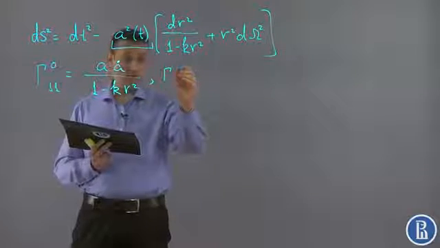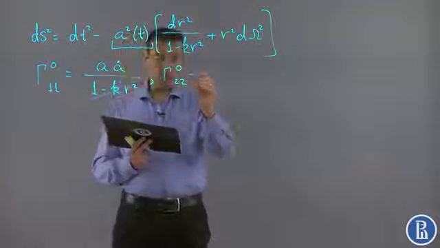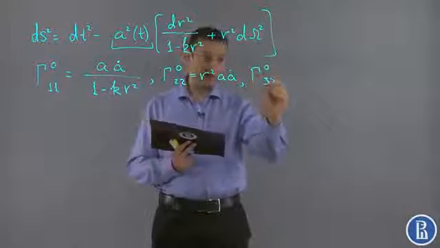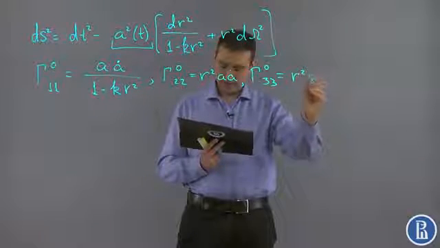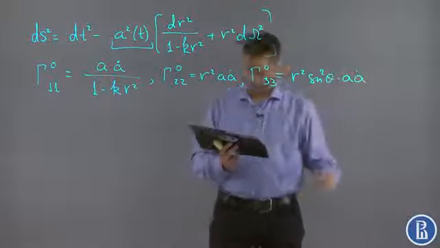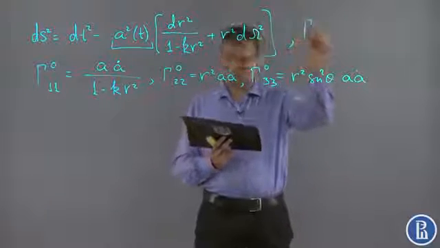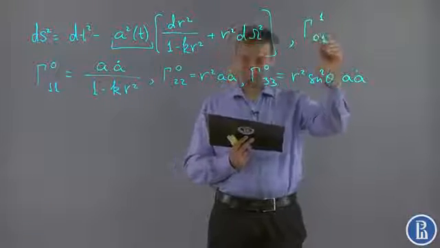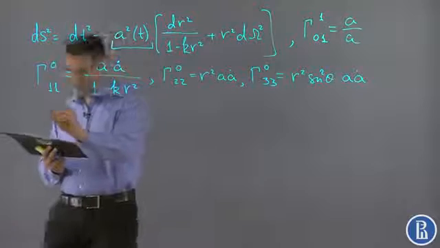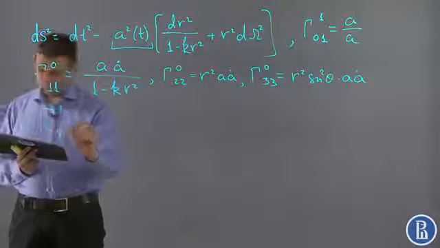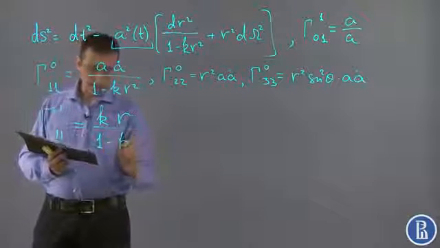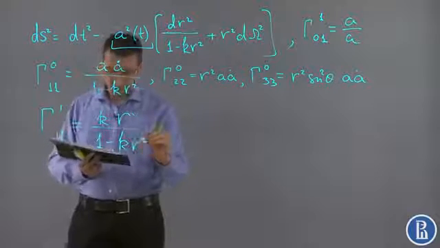Gamma 0 2 2 is equal to r squared times a dot, and gamma 0 3 3 is equal to r squared sine squared theta times a dot, and gamma 1 0 1 is equal to a dot over a, and gamma 1 1 1 is equal to k times r over 1 minus k r squared.